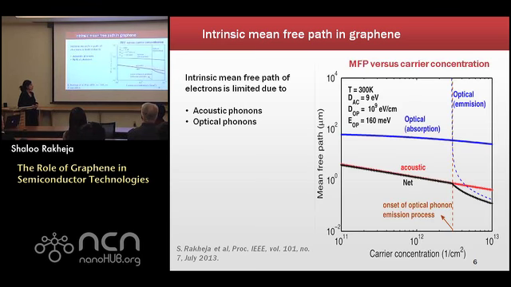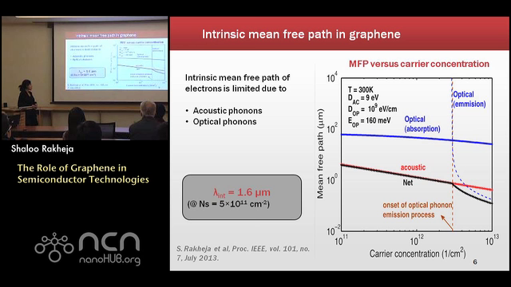And here is a plot that shows the mean free path versus carrier concentration in graphene. At reasonable carrier concentrations, you can see that the mean free path can be as high as 1600 nanometers. And in fact, this was the mean free path that Bolotin actually measured in his graphene devices, but those devices were suspended between two contacts and there was no substrate on them, right?